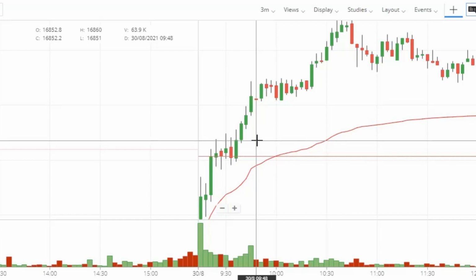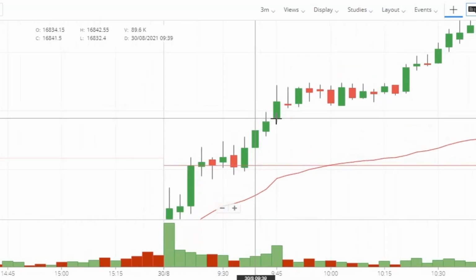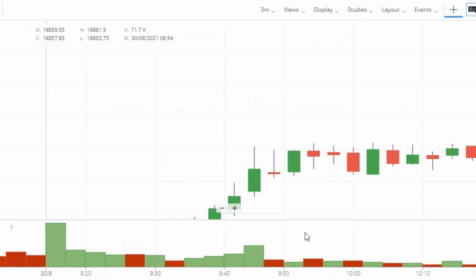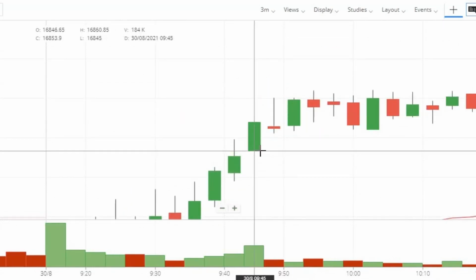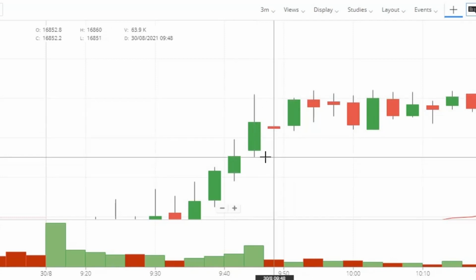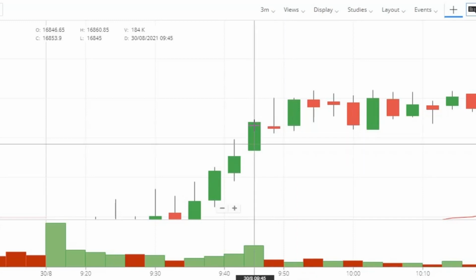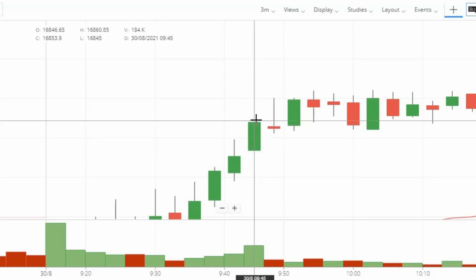Any green candle you take, let's say this one, has open over here, high over here, low somewhere over this point, and this is the close, which means the market went up.